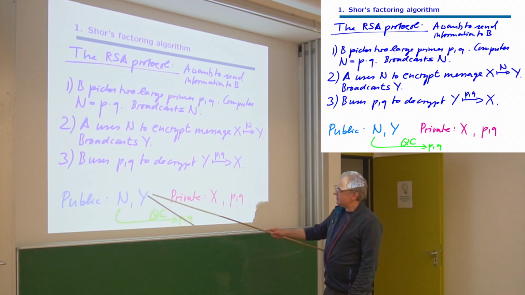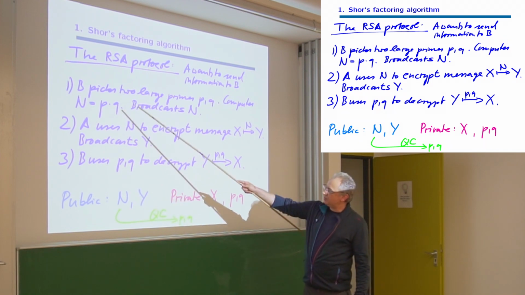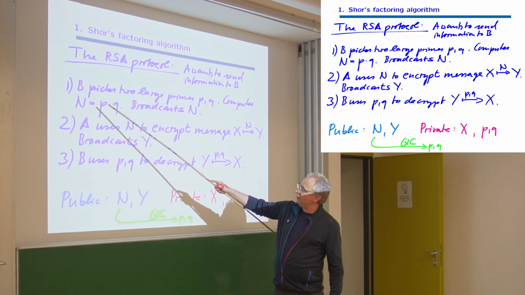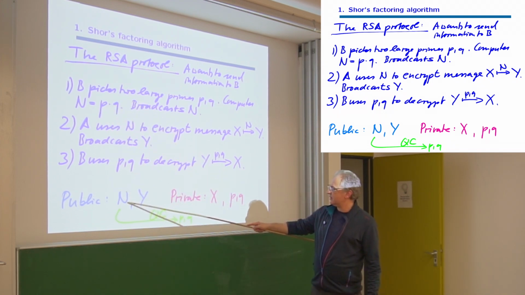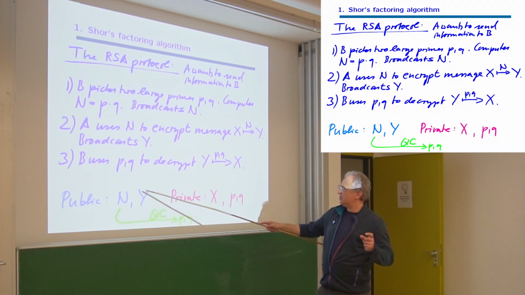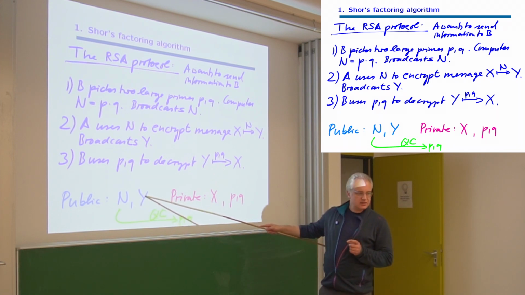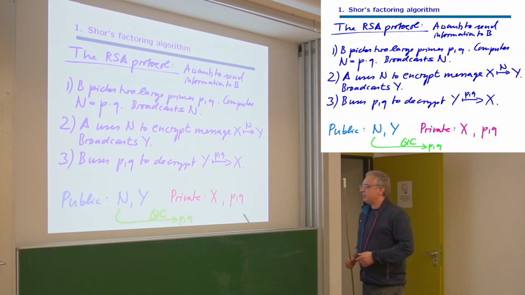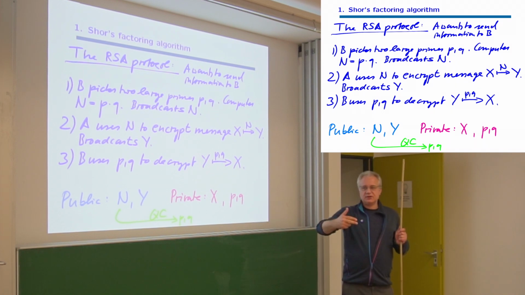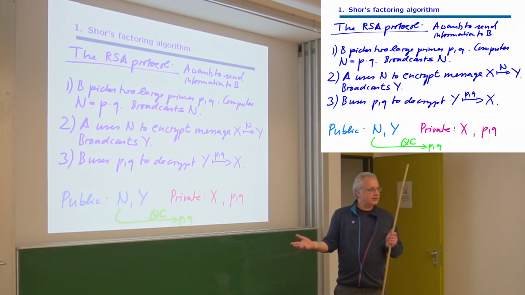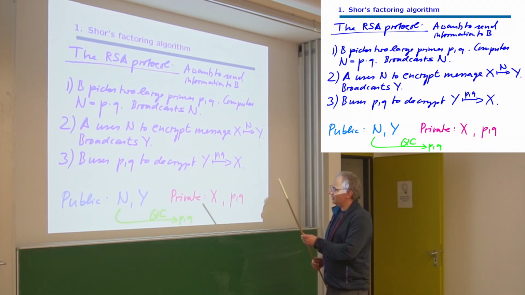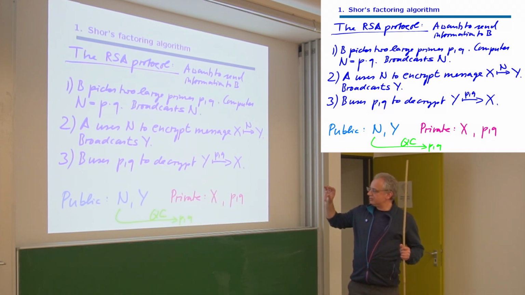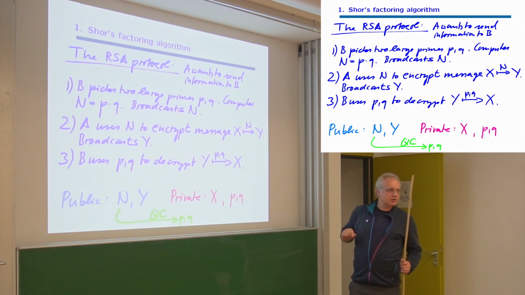Since everybody knows the encoded message and this product, if it were computationally viable to get the prime factors out of this product, then everybody who could do that could obtain the clear message from the encrypted message. But that's precisely the assumption that the protocol relies on: nobody can get the prime factors from the product. But a quantum computer can, and this is how a quantum computer attacks the RSA protocol.